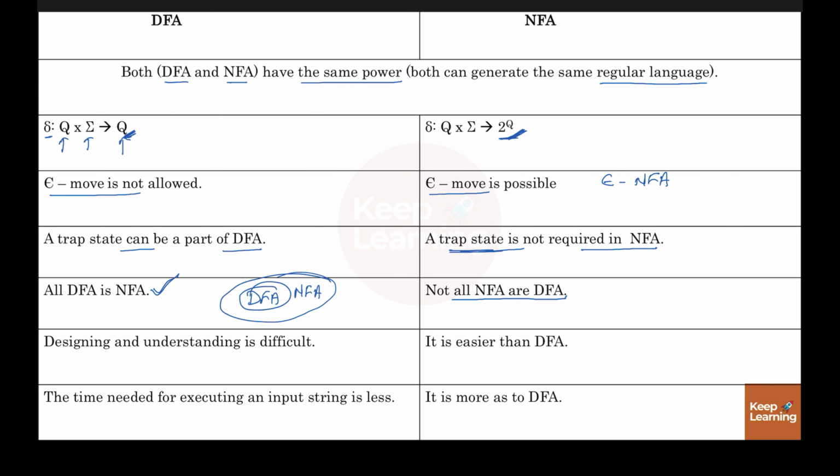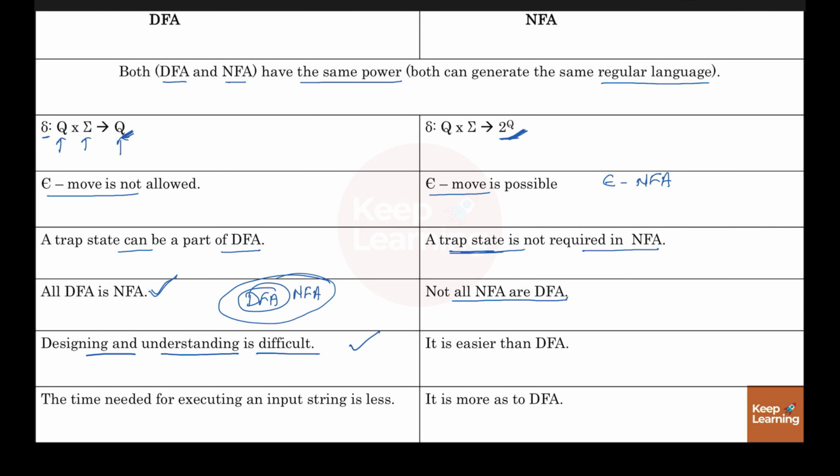Next point is designing and understanding a DFA is difficult. We have seen so many questions where construction of an NFA is easier than construction of a DFA. The next point is the time needed for executing an input string in a DFA is less.